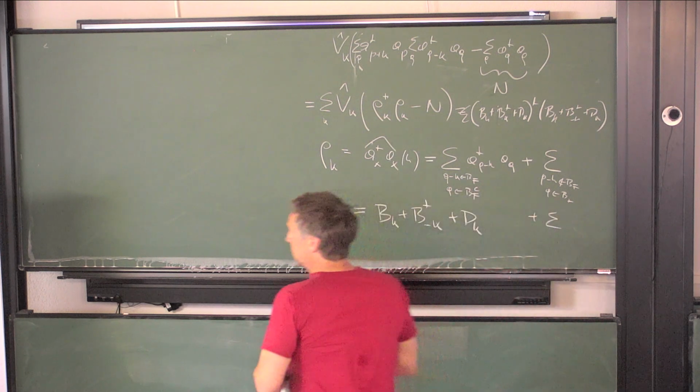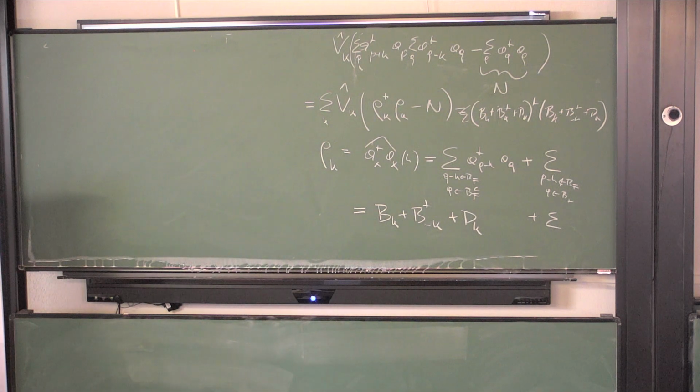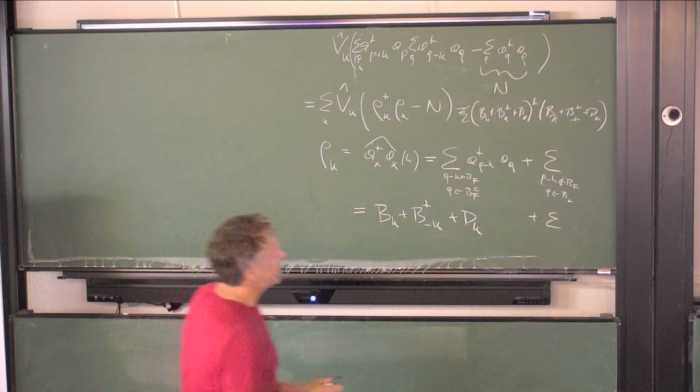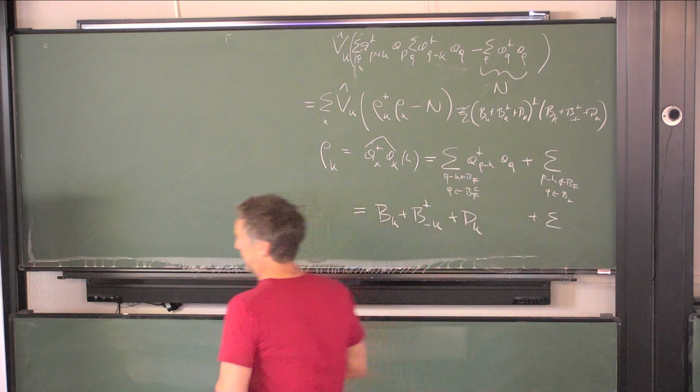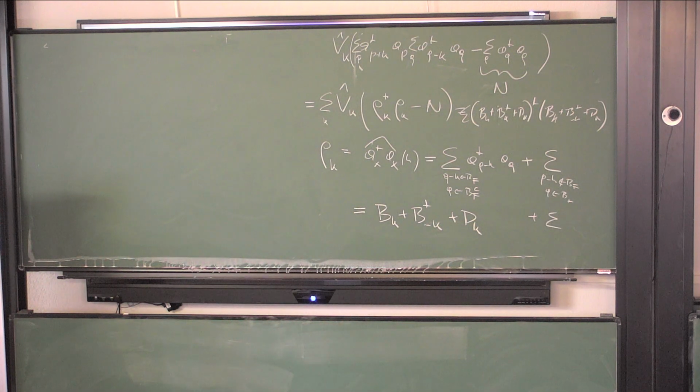So if you want, you can describe, now I break the rule again, the b star_{K,P} as a star of P and a of P minus K. So basically what you do here, you create the hole inside and the particle outside.